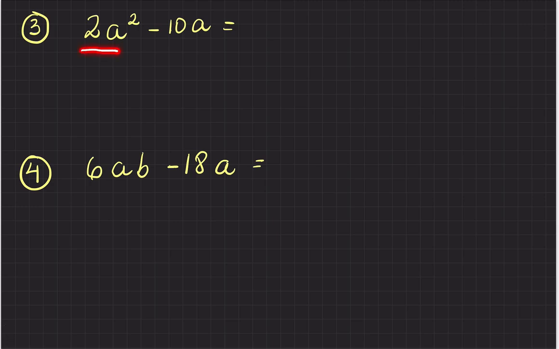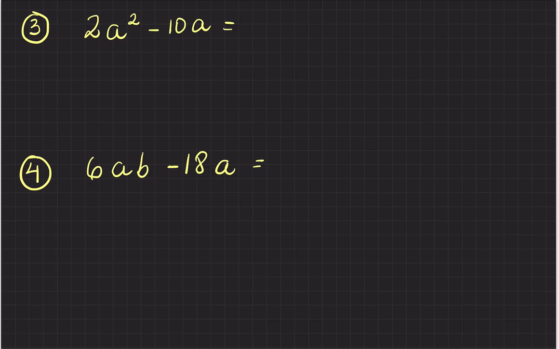What do these two terms have in common? Well, on one hand, they have 2 in common because 10 is 2 times 5. So the 2 is in common. But on the other hand, they have a in common because here I have a, and here that a squared is a times a. So one of these a is in common with this one.